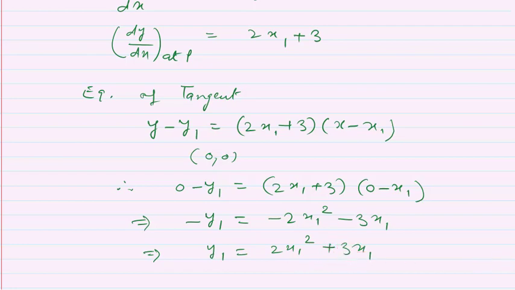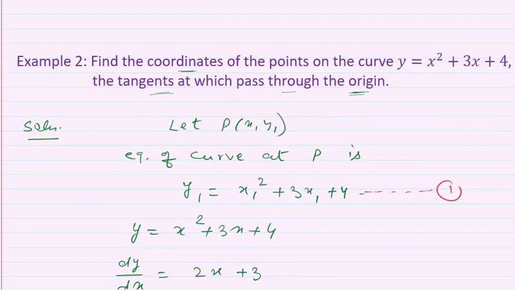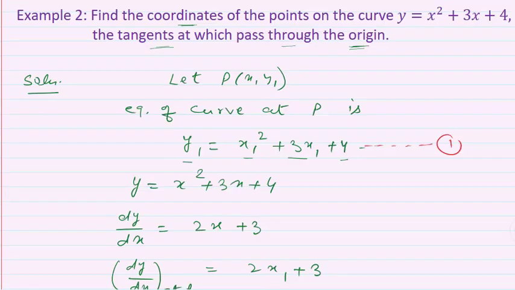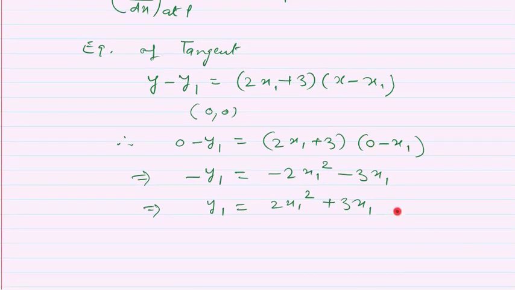Okay. Now, let us go to result number 1. Result number 1 is having the value of y1 as x1 square plus 3x1 plus 4, and let us name this relation as number 2 and this relation as number 3.